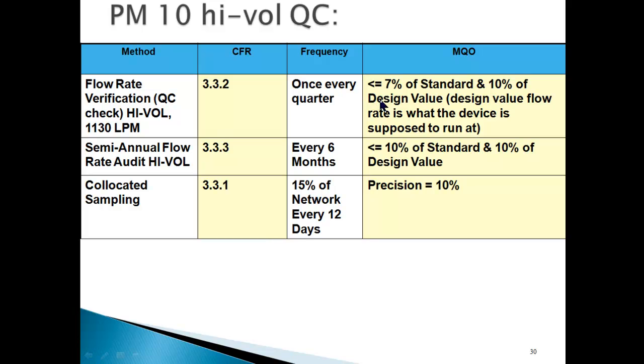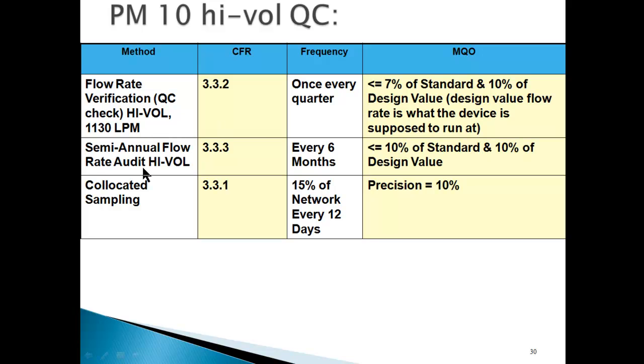The flow rate has to be within 7% of your standard, your flow rate transfer standard, your handheld, and within 10% of the design value. EPA calls the flow rate that it's supposed to run at the design value. So that's the device's design. It's designed to flow at this liters per minute.